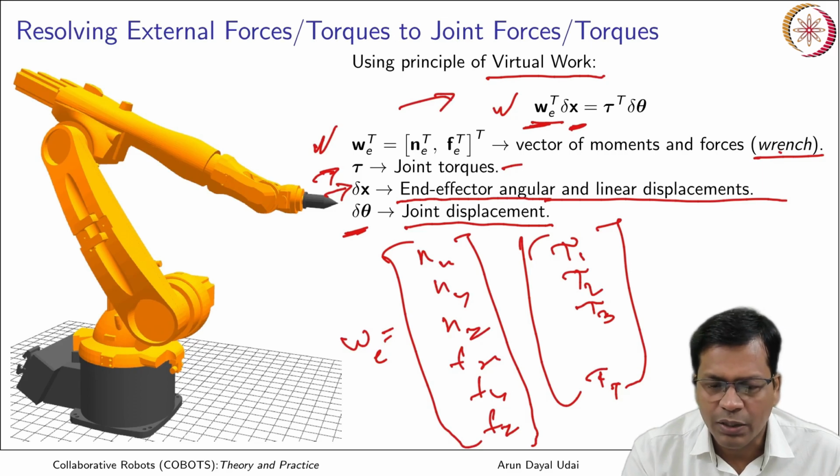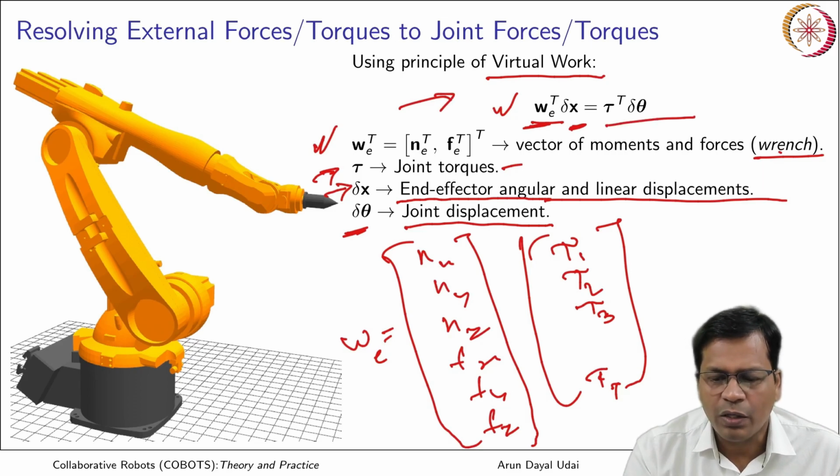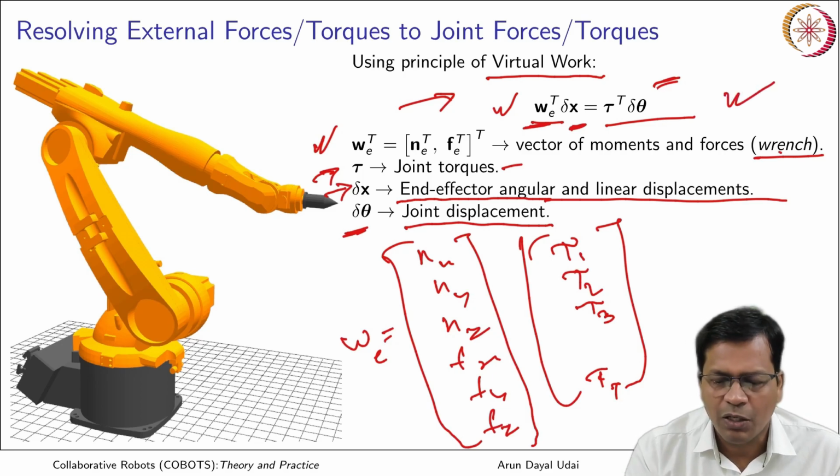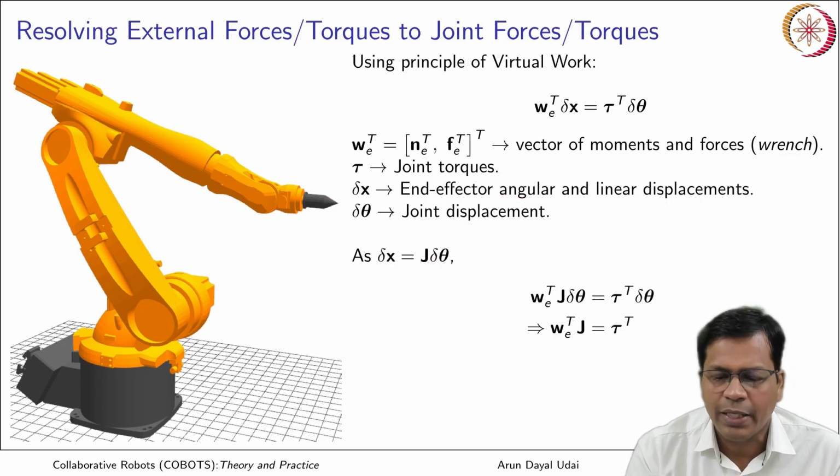The work done at the joints is the torque times the joint angular displacement delta theta. Input work and output work are both equated here. This is the principle of virtual work we have applied.